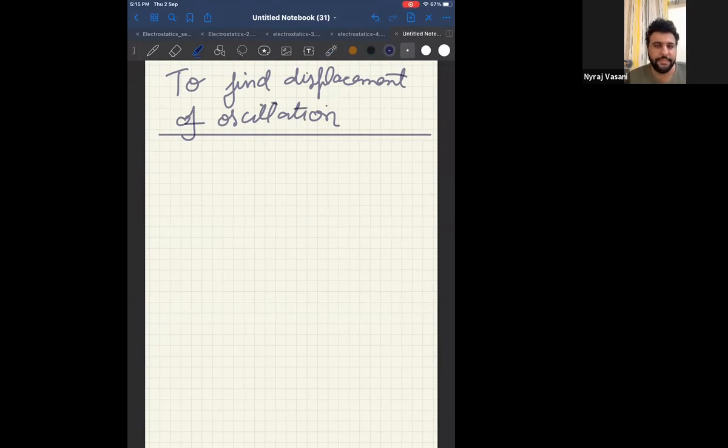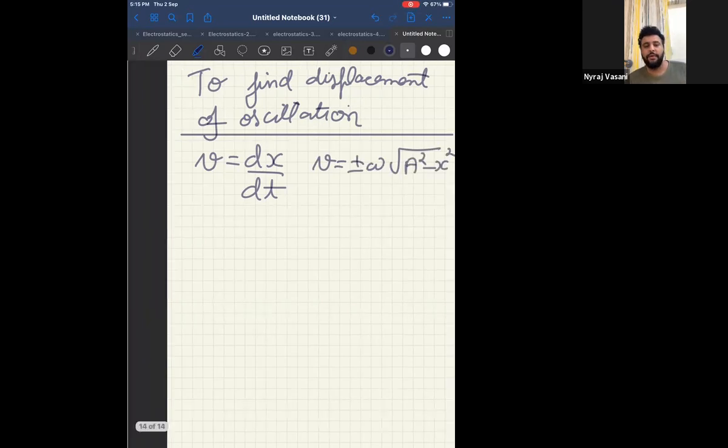Tell me, how do I start? I start with two formulae for velocity, one general and one specific. Correct?